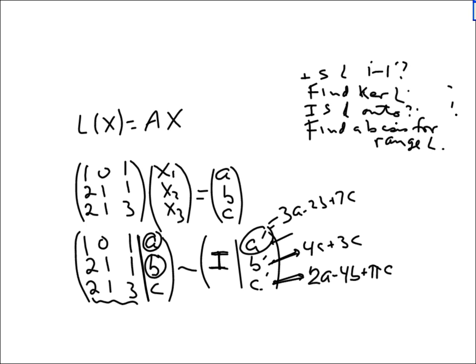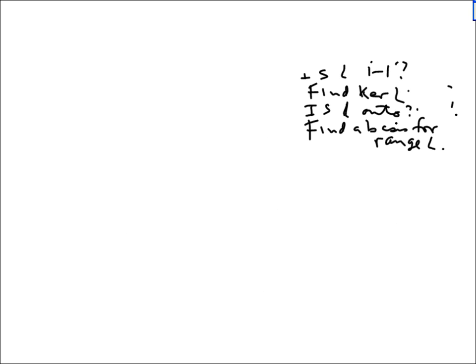But the bottom line is, we have it. We have x1 equals that, x2 equals that, and x3 equals that. And then I can get A, B, C. Okay, I hope that was clear. But you don't want to have to reduce it. It takes a while.